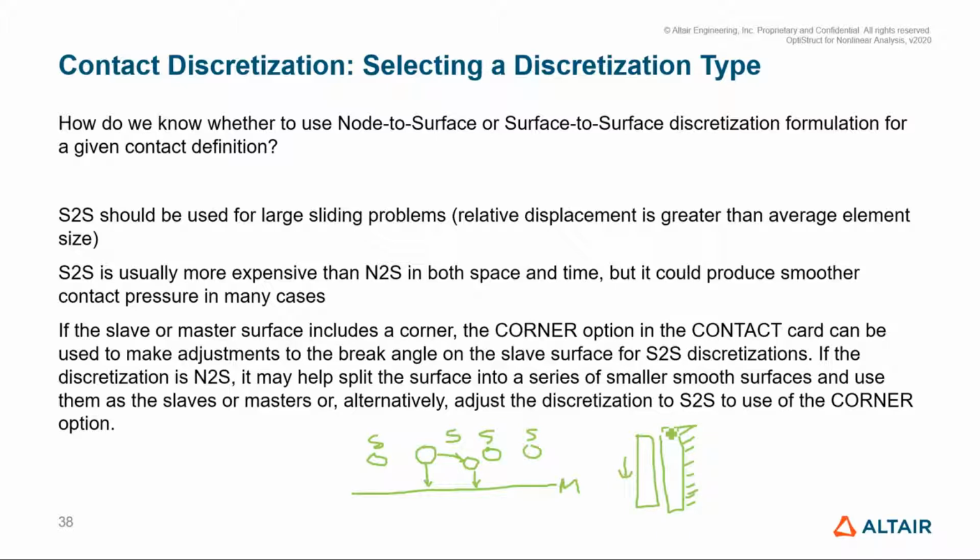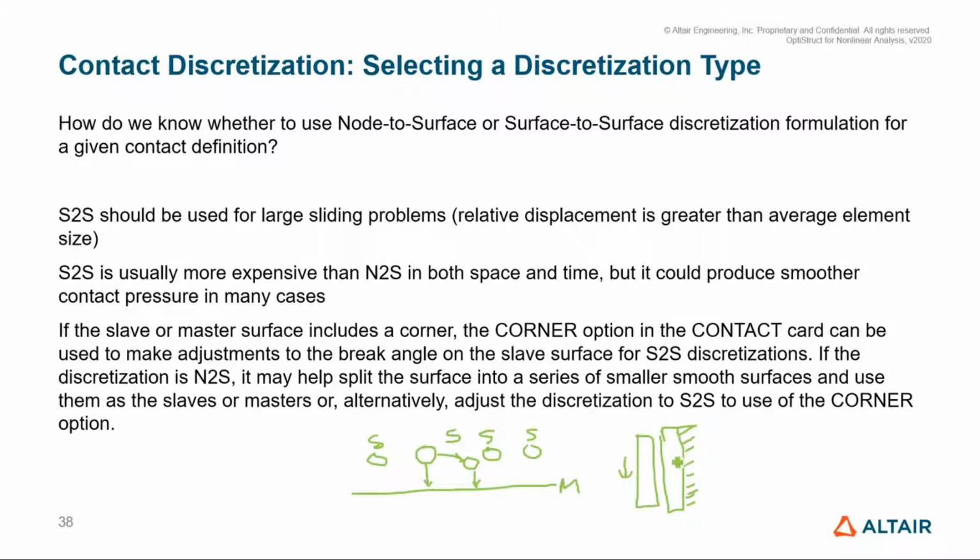But of course, it's not always the case. Depending on whether you can get convergence or not, you can also switch between slave and master. Imagine this is my static object, but it's actually softer.